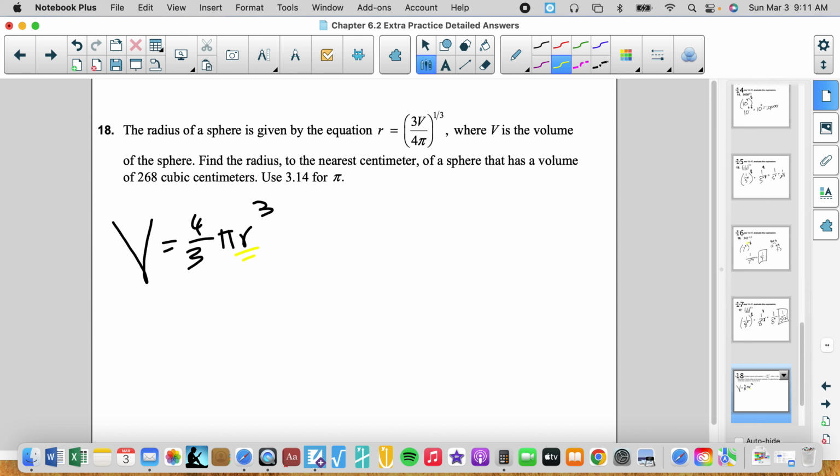So find the radius of a sphere that has a volume of 268 cubic meters, use 3.14. All right, we'll start plugging stuff in.